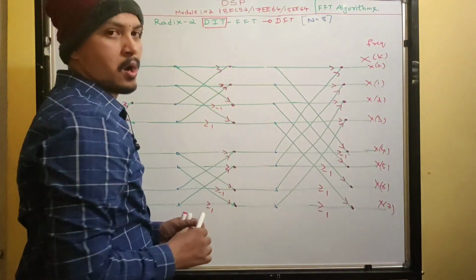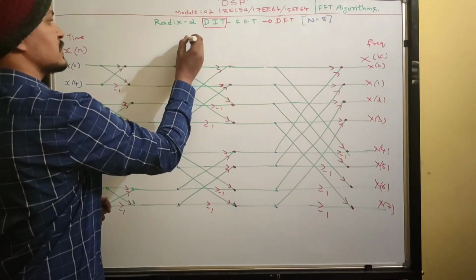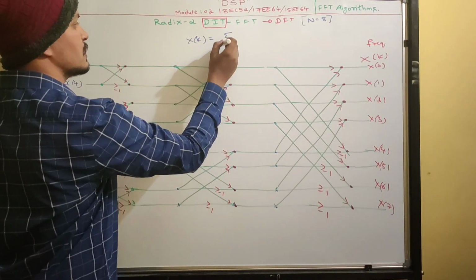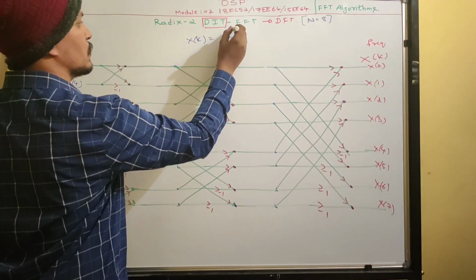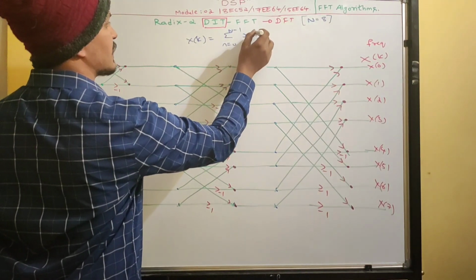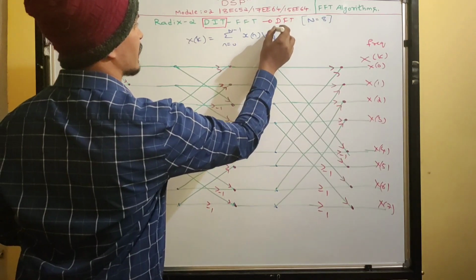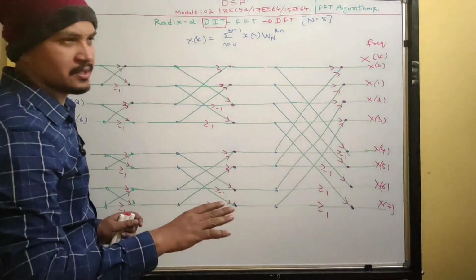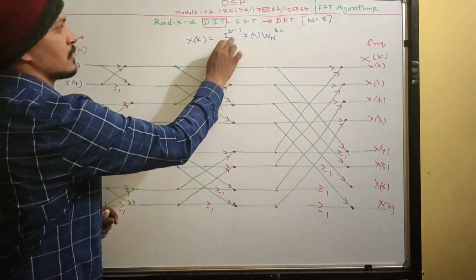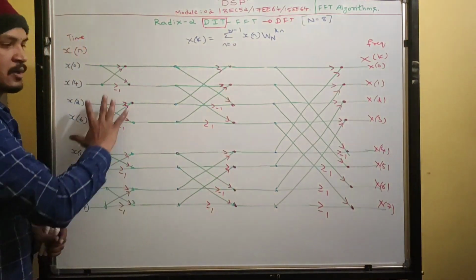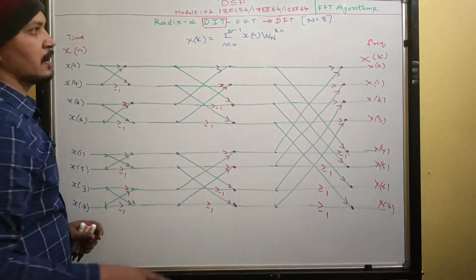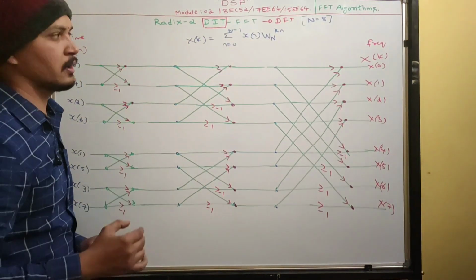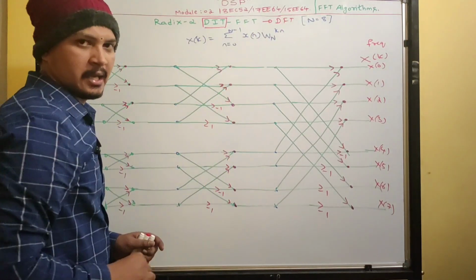It is going to compute what? DFT. What is the DFT formula? X of k is equal to summation n equals 0 to N minus 1, x of n into twiddle factor W_N^kn. Everything is done. So this is addition and multiplication, everything taken care of by the signal flow graph. This number is multiplied with twiddle factor, x of n multiplied with W_N^kn.